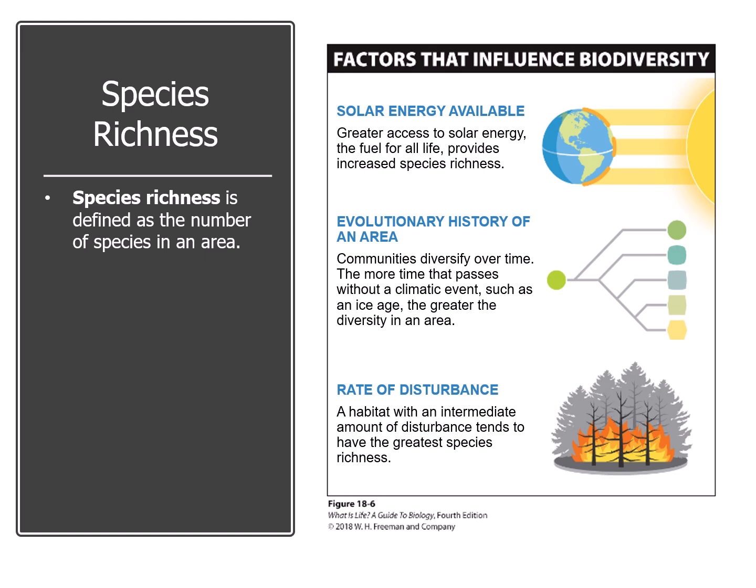And then the last is rate of disturbance. So if a habitat has a higher rate of disturbances, like forest fires are more common in those areas, then they tend to have kind of an intermediate species richness. Let me explain.